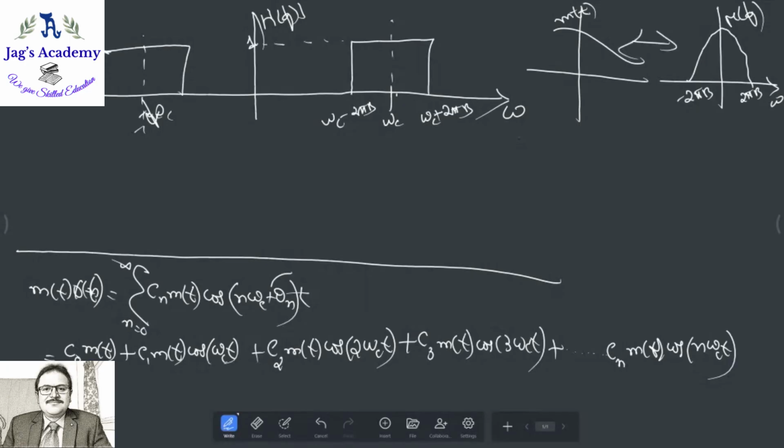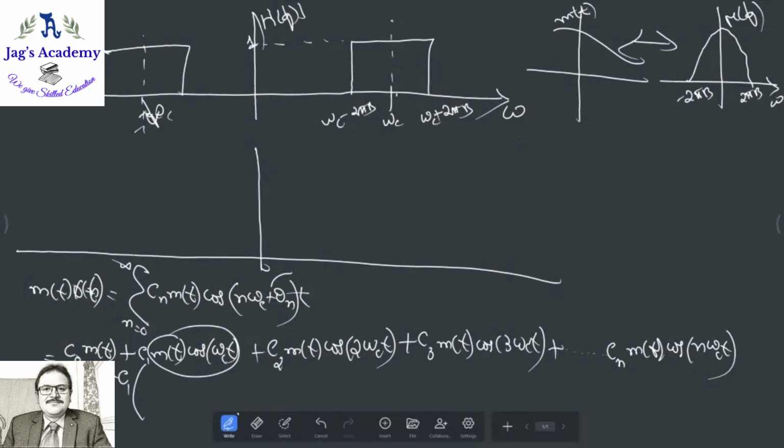Now, using that, can you draw the spectrum of now? Suppose if I take this 0. Can you draw the spectrum of this? Okay, what is the spectrum of this? C0 into, what is it? Convert it to Fourier domain. M of f. Can you tell me, I told you, what is the frequency domain representation of this?